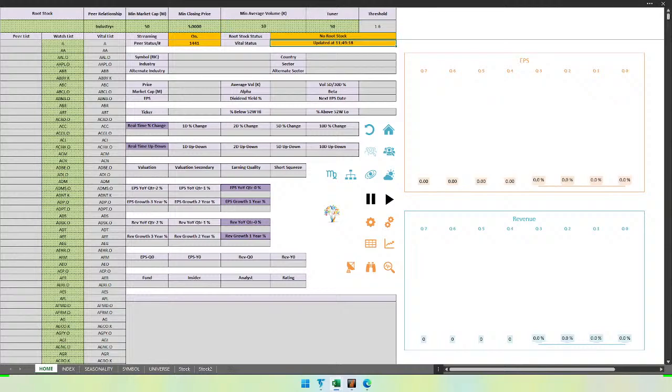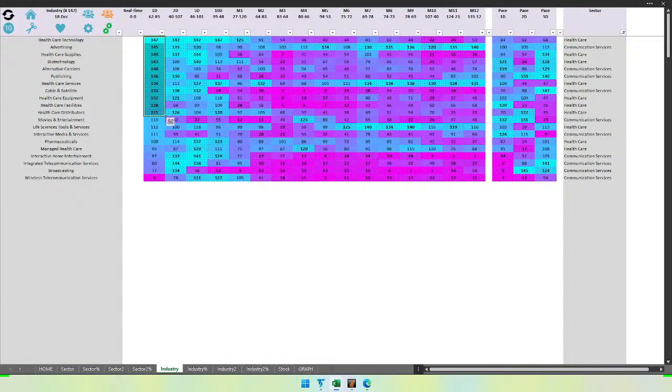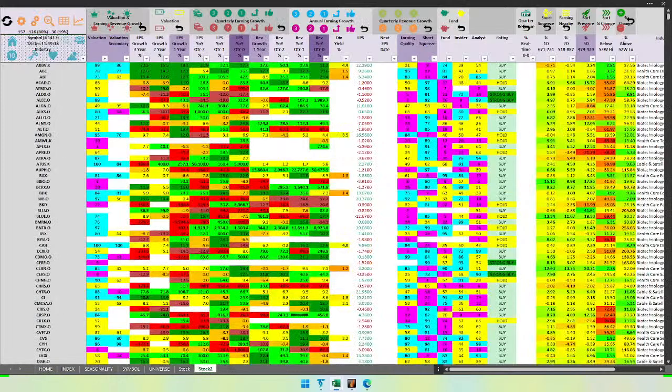Okay, it's updated, scorecard is calculated. Let's go back to Q Edge. These are the top 20% industries in the two strongest sectors. I'm going to drill down to stocks of those industries only. These are the stocks.